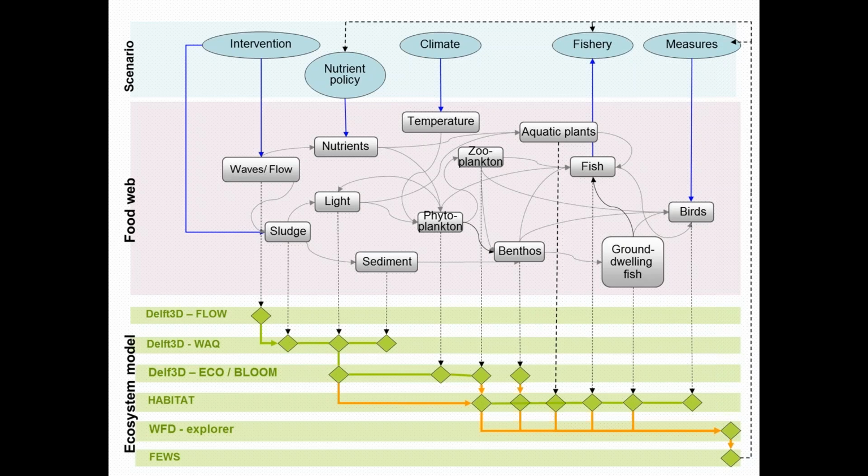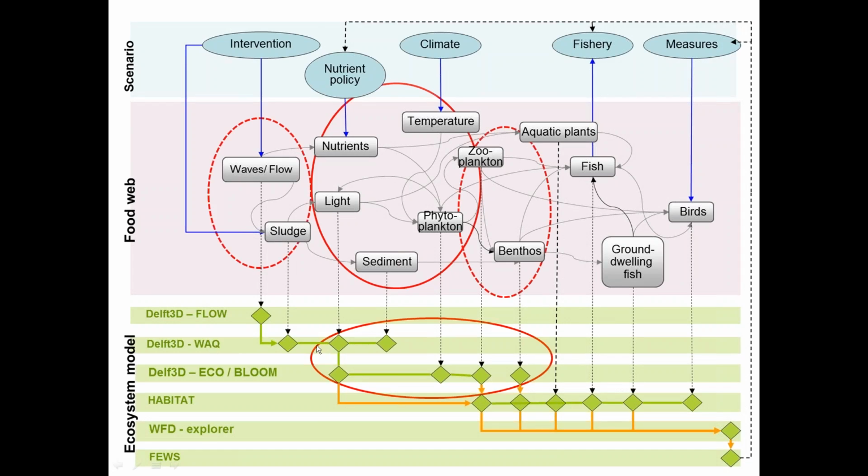And they are closely linked to each other, and they pass on information from one level to the other. The part we're going to talk about today is the part indicated over here. So the phytoplankton with nutrients, with temperature, etc. And this is dealt with by the modeling parts called BAC and ECO or Bloom.